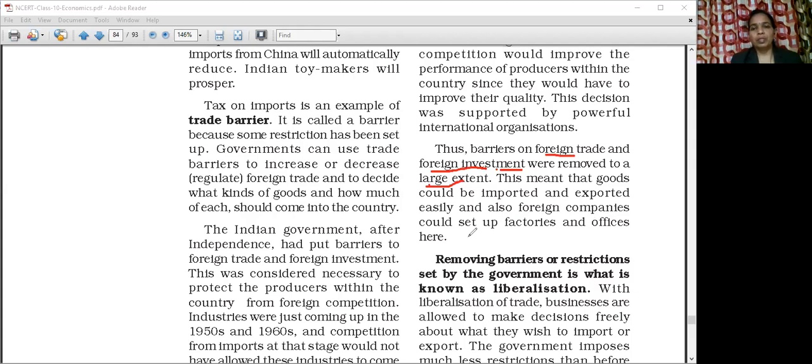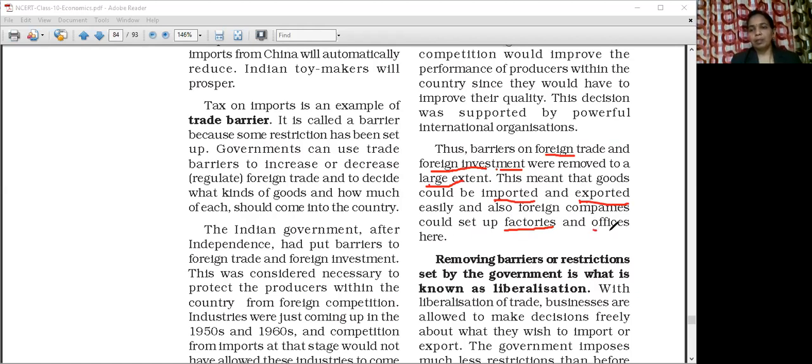Due to removing the restrictions, what happened here? Goods can be imported and exported easily. Foreign companies can come to India and set up their factories and offices anywhere in the country, wherever they want.